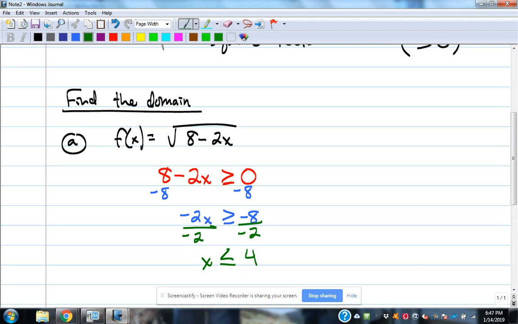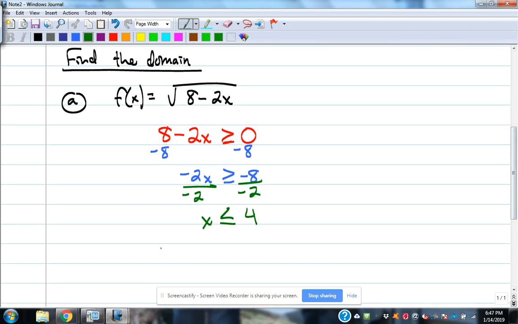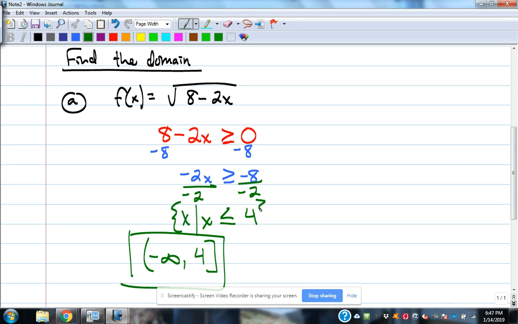Okay, now how do I write the domain for x is less than or equal to 4? Well, if it's less than 4, that means it's going to get down there to negative infinity. It's going to get up to 4. There's the interval notation. There's the set notation.